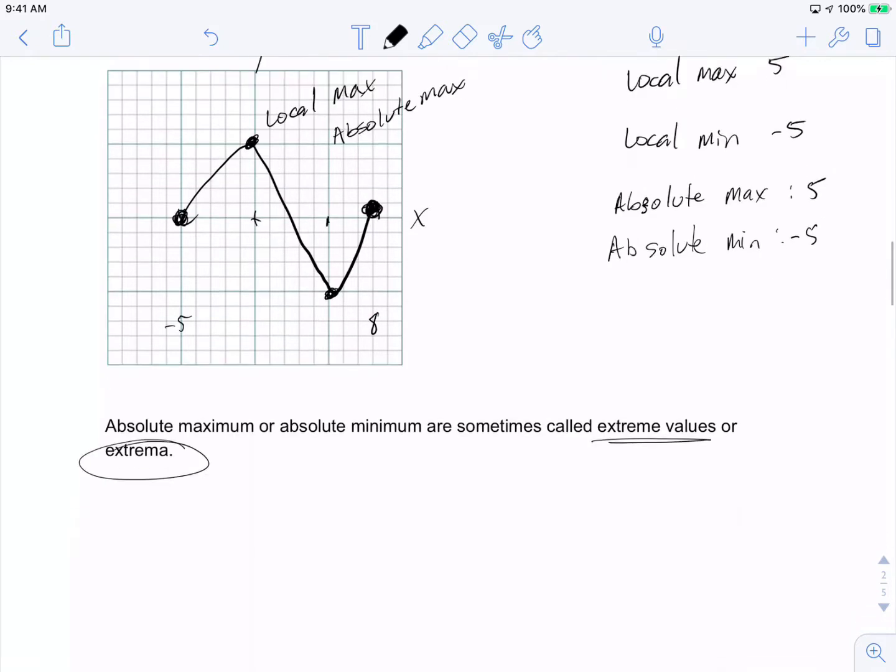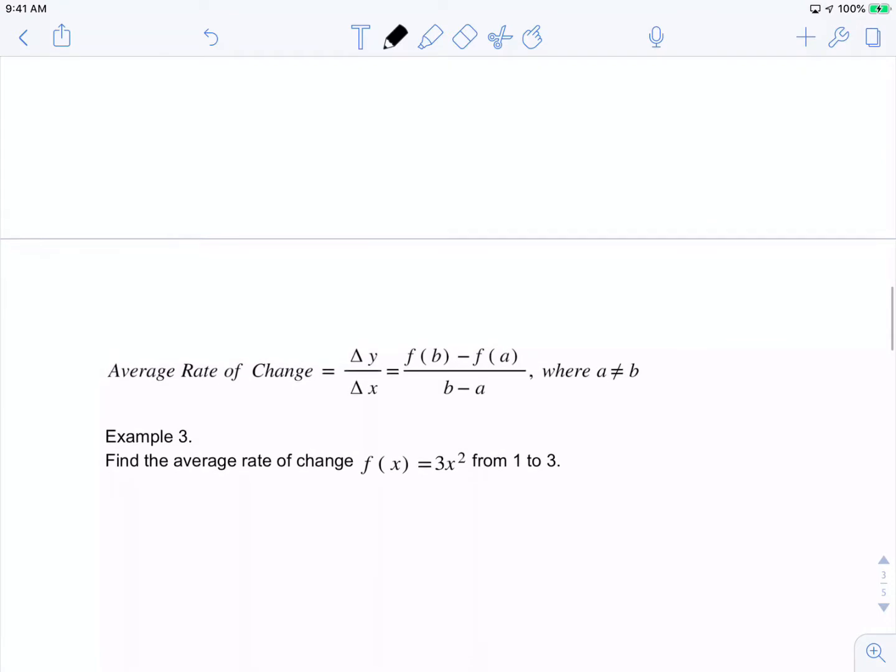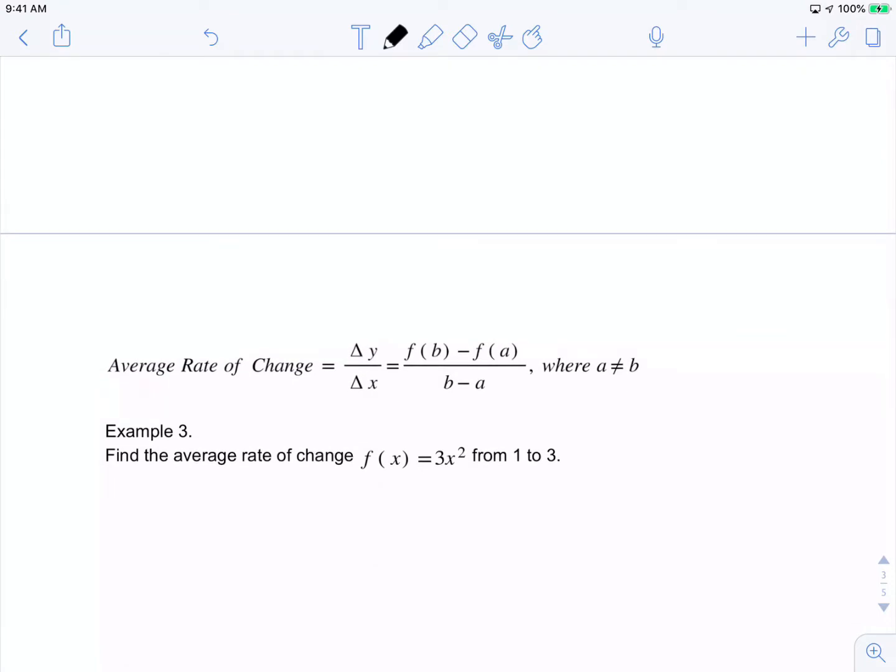Now, the next thing that we're going to talk about is the average rate of change. And the average rate of change should look very similar to something you've seen in the past. It should look like slope.